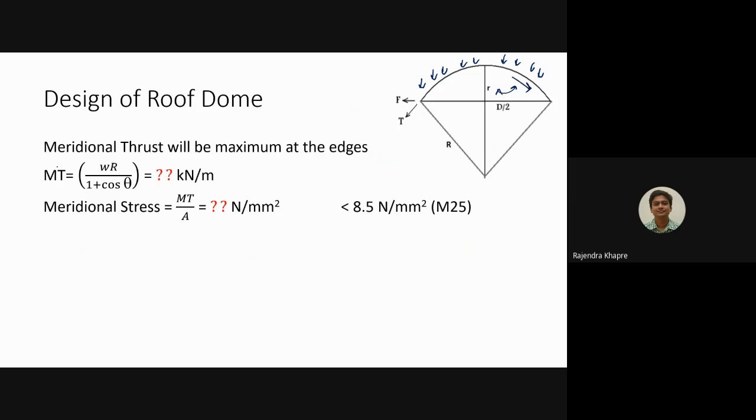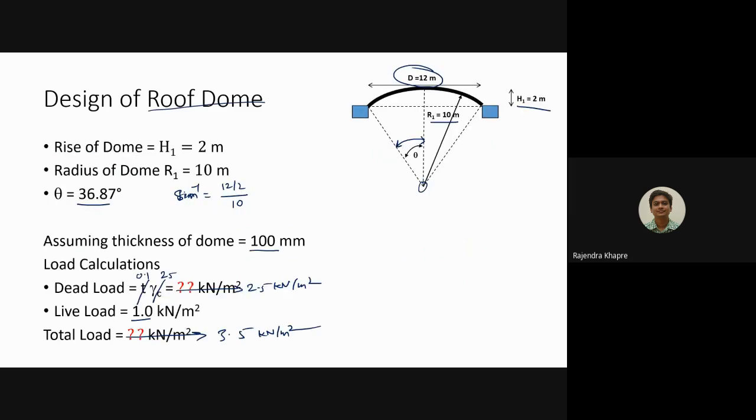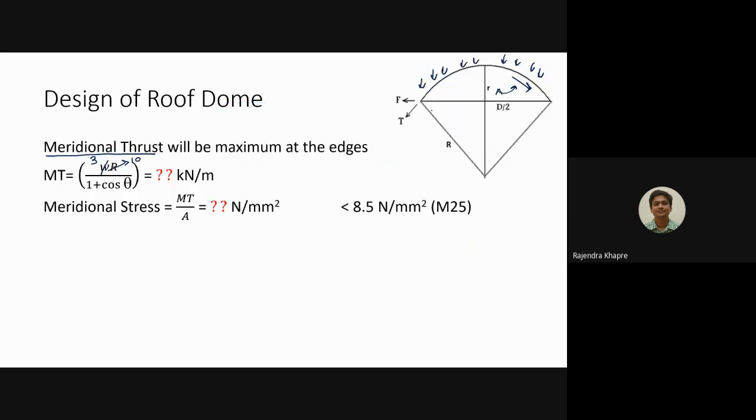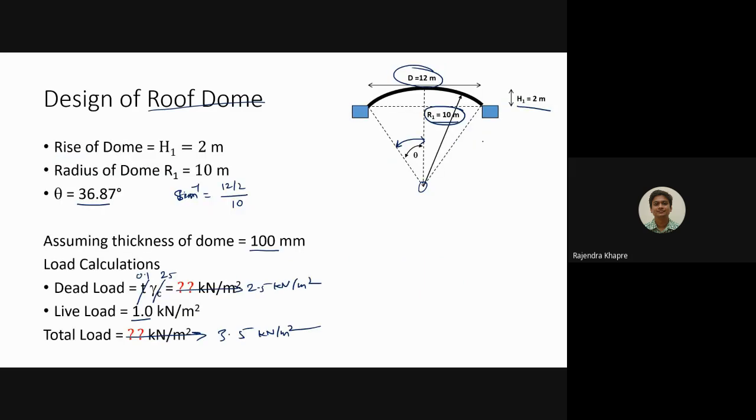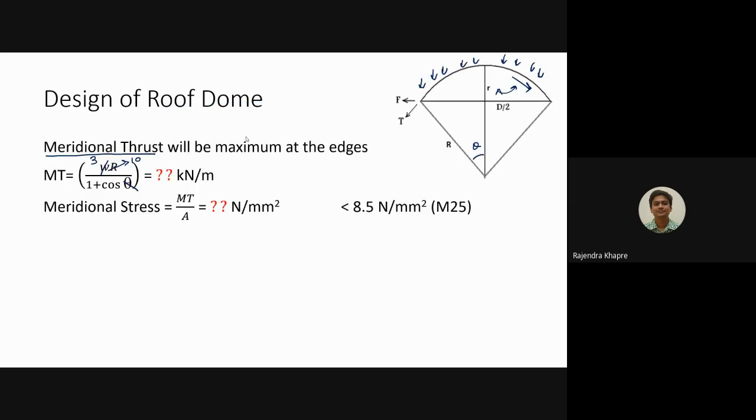Because of this, there will be circumferential stresses like this as well as the meridional stresses. Let us first calculate the meridional thrust. If you remember, we calculated the meridional thrust with the expression W into R divided by 1 plus cos theta, where W is the UDL, which we have already calculated as 3. The radius R1 we have already calculated as 10, and theta is this angle, which we have already calculated as 36.87.